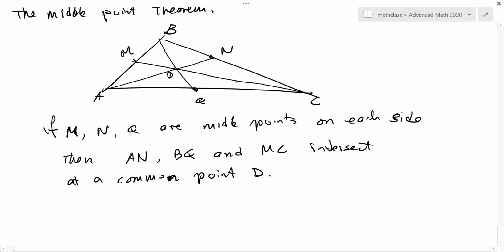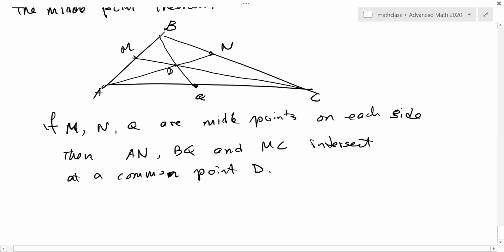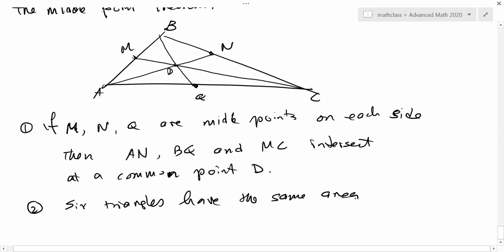This is the first fact. The second fact is that all those six triangles have the same area.